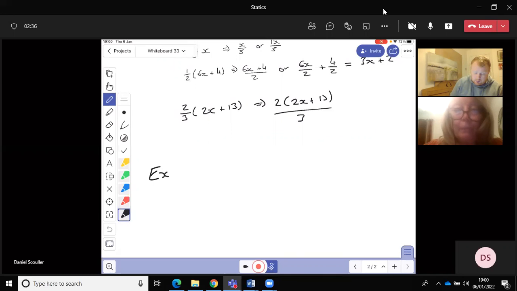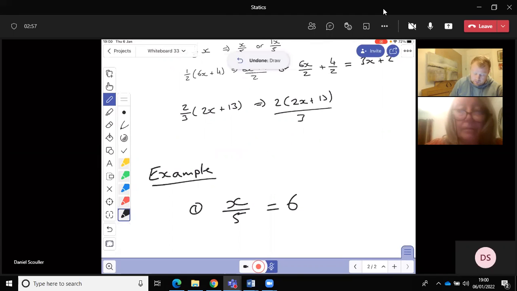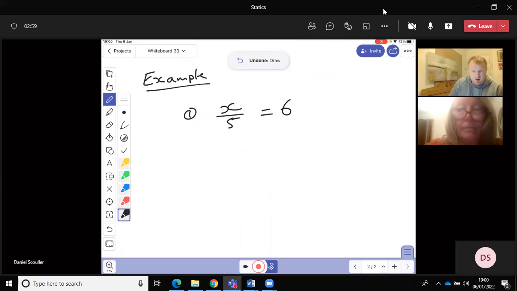If we put that into an equation and we get asked to solve for x, or solve for a letter, if we get something very, very simple, x over 5 equals 6. We know when we're moving that 5 across, we can solve for x, and it'd just be 6 multiplied by 5.